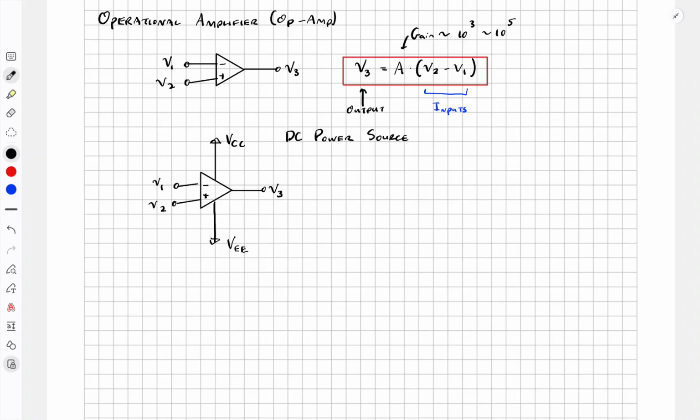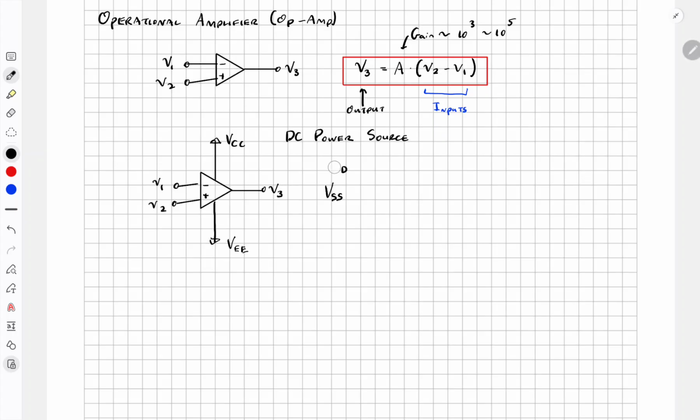When we make BJT circuits, the positive power source on top we call VCC, and the negative DC power source we call VEE. But you may also see things like VDD or VSS. VDD and VSS are used when making the DC power source for a different kind of transistor called a MOSFET.